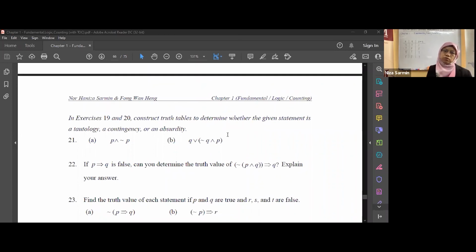Can you determine the truth value of not P and Q, not P and Q implies Q. So this is not a false, right? P and Q implies Q is false, not false is true, true implies false is actually false.